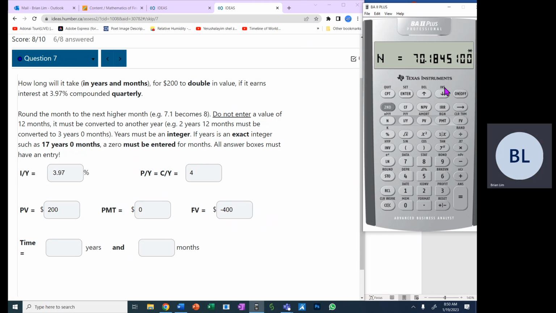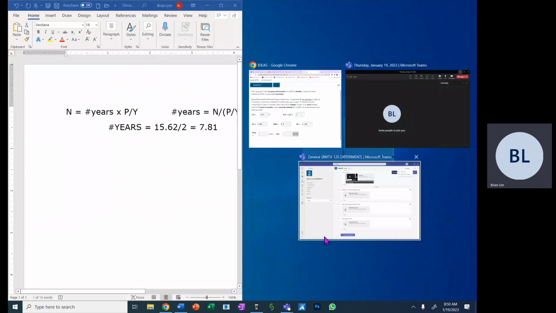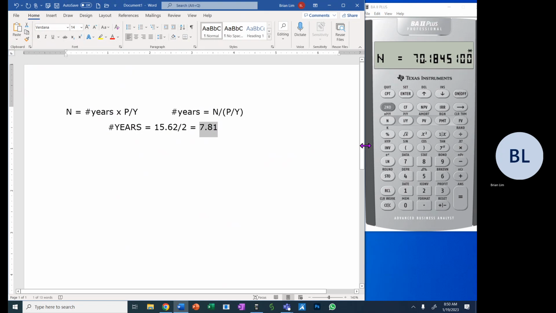Now there's the value for N, but we would like to get it in years and months, all right? From before, you know that, let's go back in there, and maybe we can move this over a little bit and keep the calculator. So we know what N is about. N is equal to the number of years times PY, right?